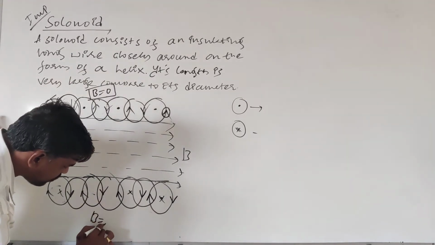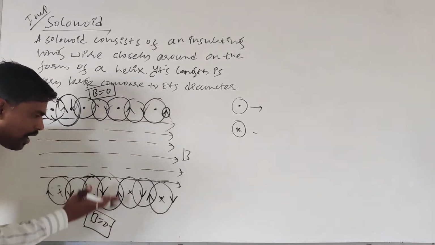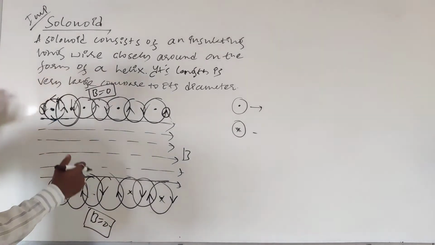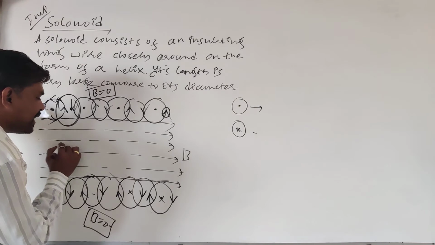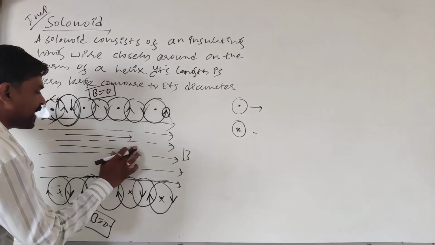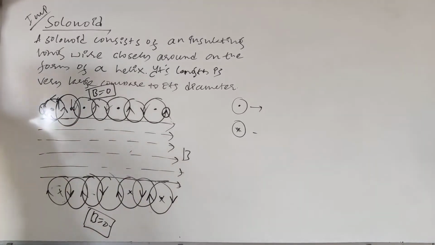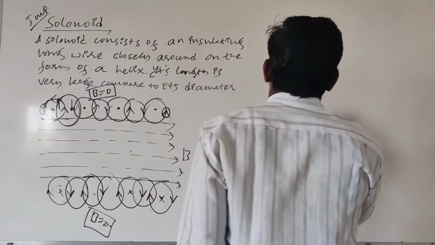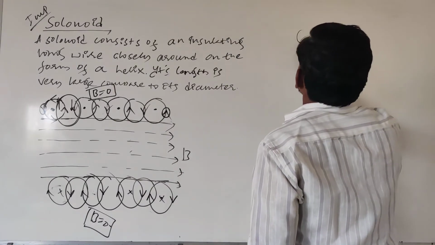Then here also, the magnetic field outside this solenoid is zero. So now we are going to find out only the magnetic field inside. So now I am going to consider this inside magnetic field. Right? Like this.